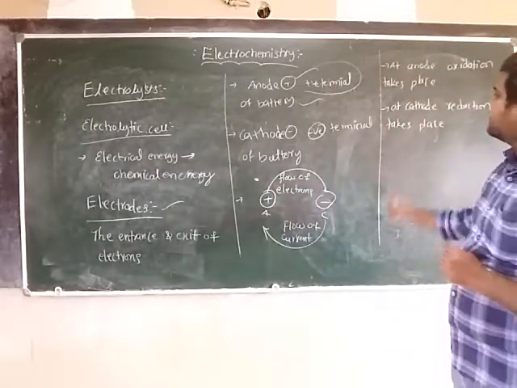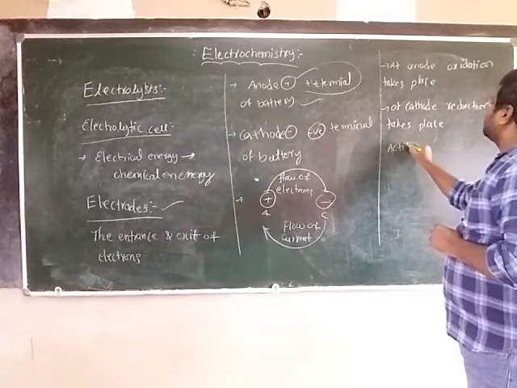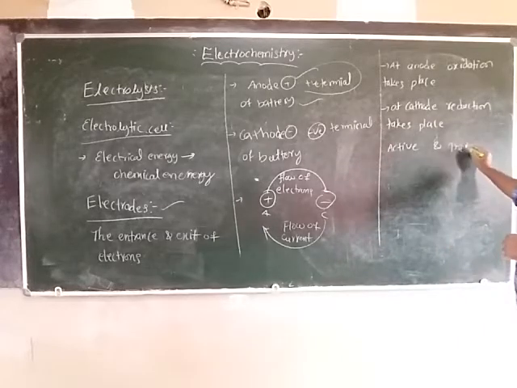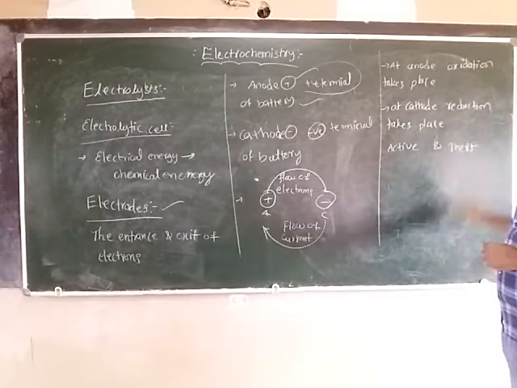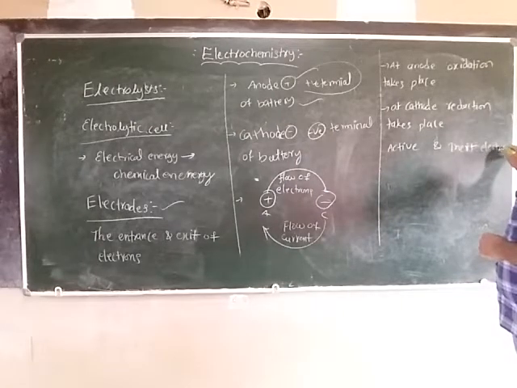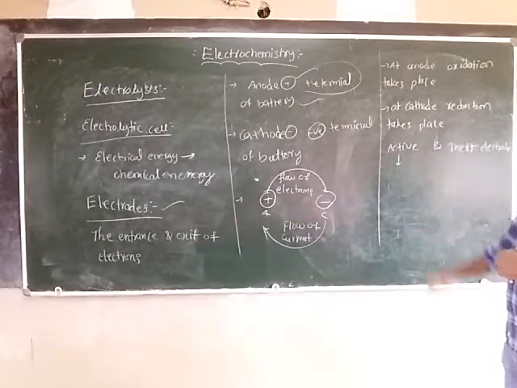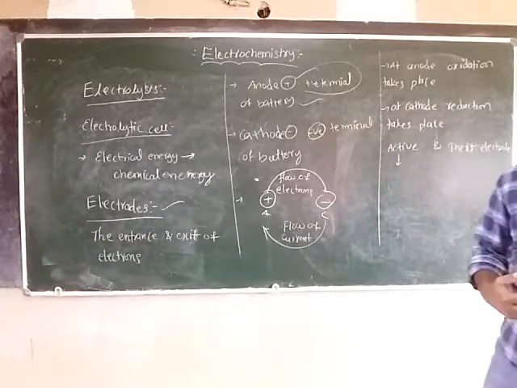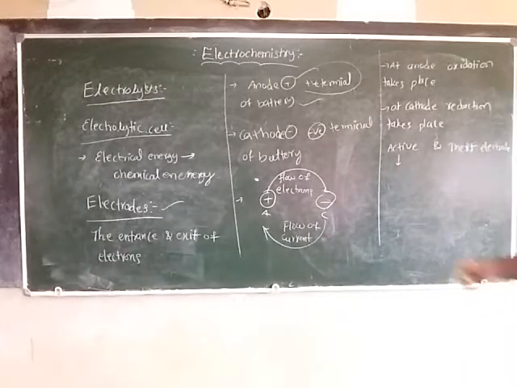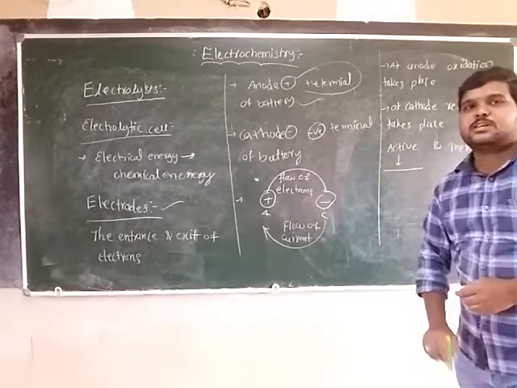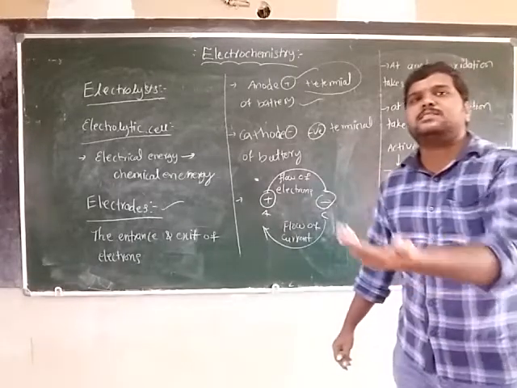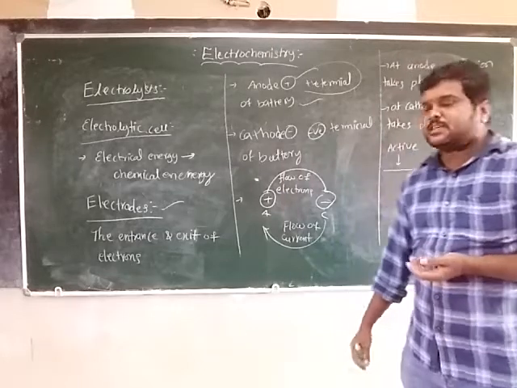One is active electrodes, another one is inert electrodes. What is the difference between active and inert electrodes? Active electrodes are those which participate in the electrode reactions, that is, they are involved in the electrodic reactions.